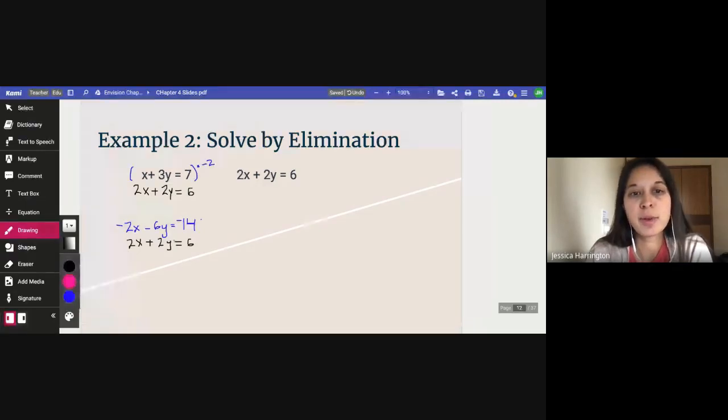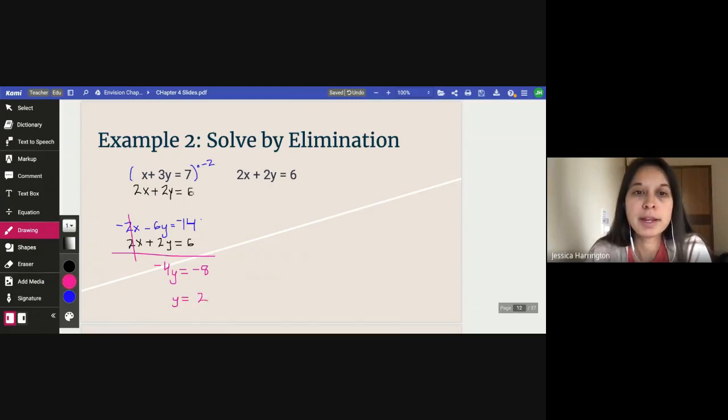These cancel out. That's what I wanted to happen. -6y plus 2y is -4y equals -14 plus 6 is -8. So when I solve for y, divide each side by -4, I get y equals 2.